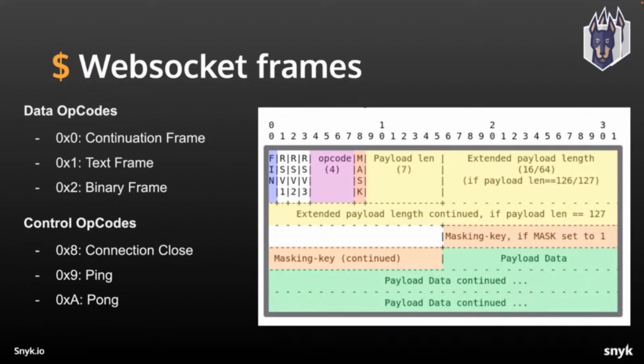And then we have ping and pong frames, and this is basically to test whether the other peer is still responsive. So if the client sends a ping, the server should respond with a pong. And if it doesn't receive a pong within some certain time frame, then the client may decide to send the connection close, which would result in that WebSocket being torn down.